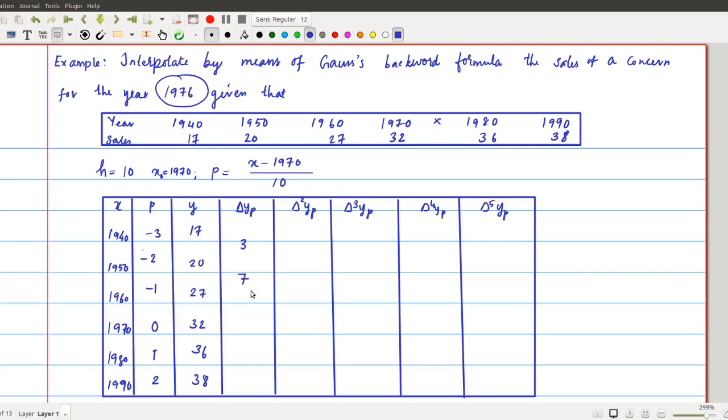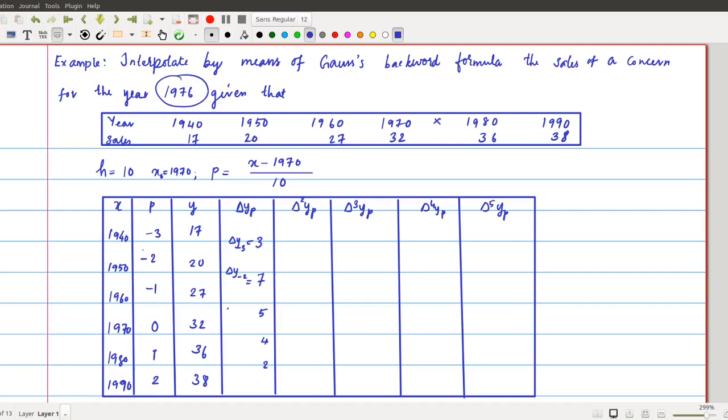Here we have 7. We write it as 3 here, and this is our 7, and this is our 5: 32 minus 27, and 36 minus 32 is 4, and 38 minus 36 is 2. So this is our delta y minus 3. This is our delta y minus 2.